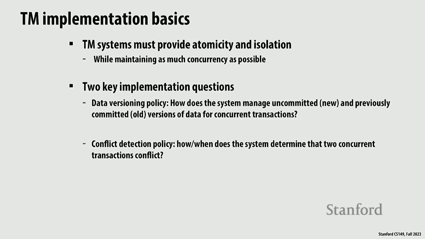So that's the data versioning policy. And the second component of a transactional memory implementation is when and how we detect conflicts, and this is called the transaction conflict detection policy. So data versioning policy and conflict detection policy. So let's start by talking about data versioning.